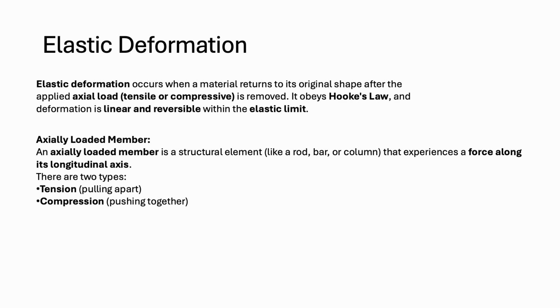So an axially loaded member is a structural element like a rod, bar, or column that experiences a force along its longitudinal axis. There are two types of loads. We have tension, or pulling apart, and compression, when we are talking about pushing together.